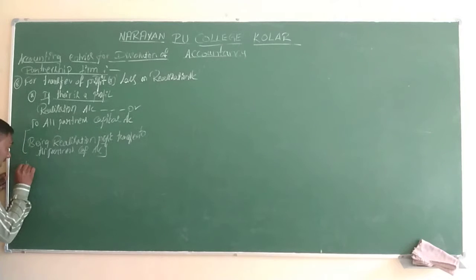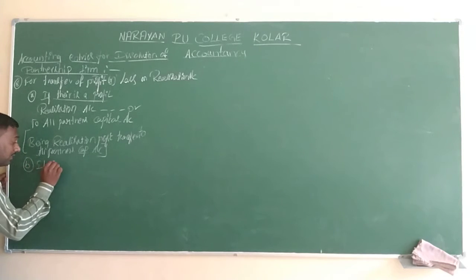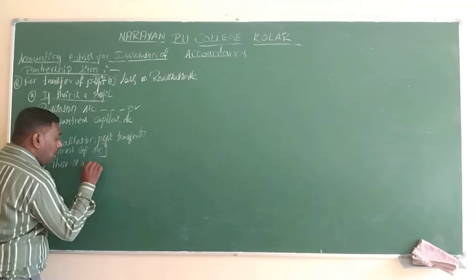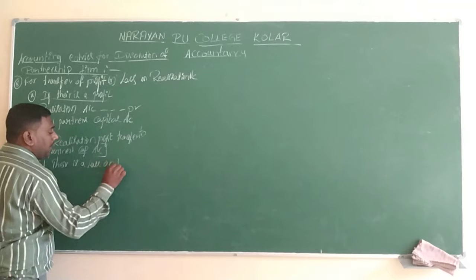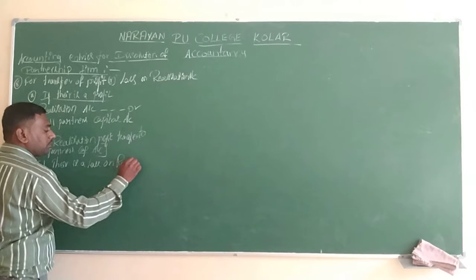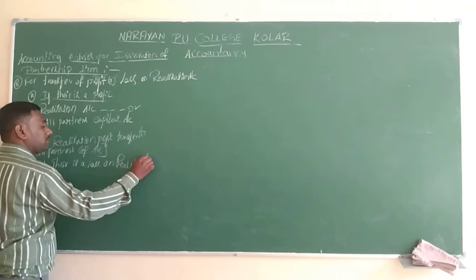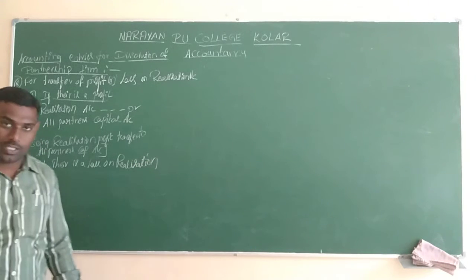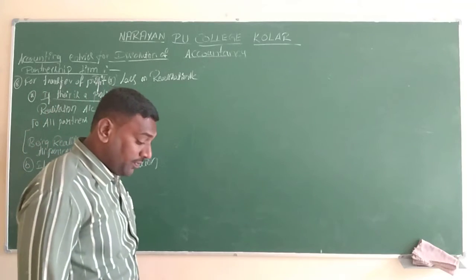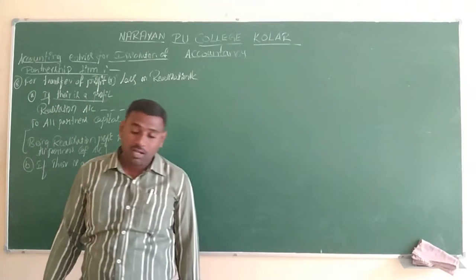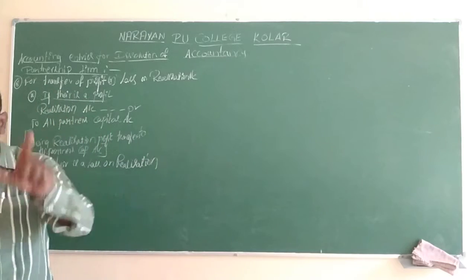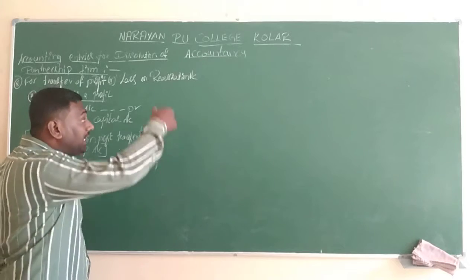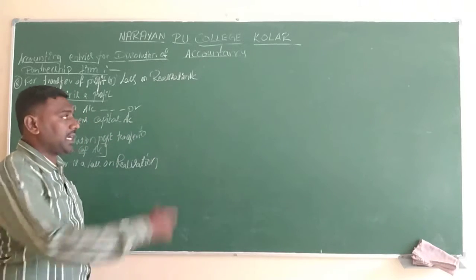Suppose point B, if there is a loss on realization. If we incur any loss in the realization account, it always comes under step number 9, that is the credit side of the realization account, the right-hand side of the account.